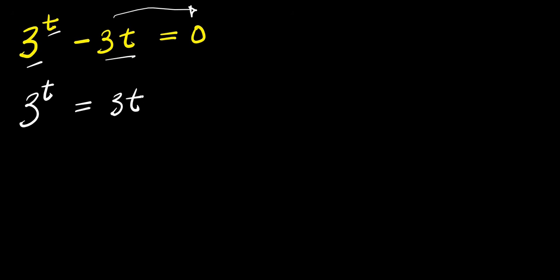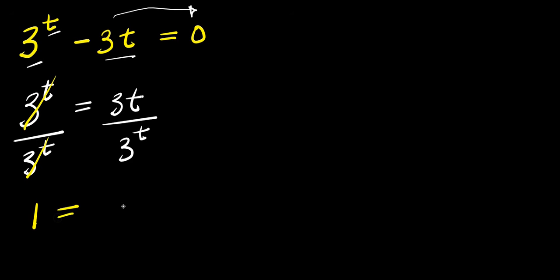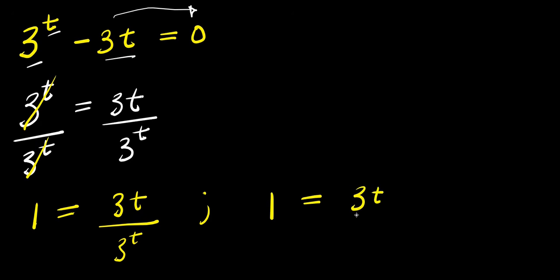So I can divide each part of this equation with 3 power t. What will happen here is that this cancels this. I have 1 here equals 3t divided by 3 power t. So I can also express this as 1 equals 3t times 1 divided by 3 power t, right?